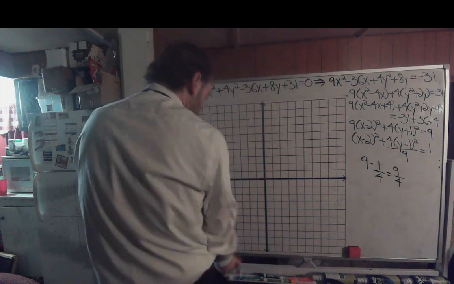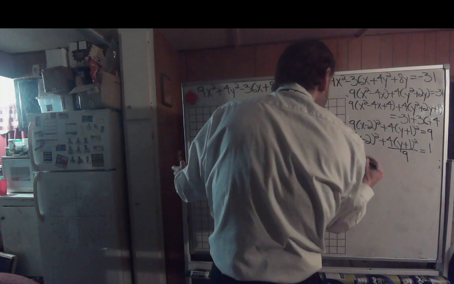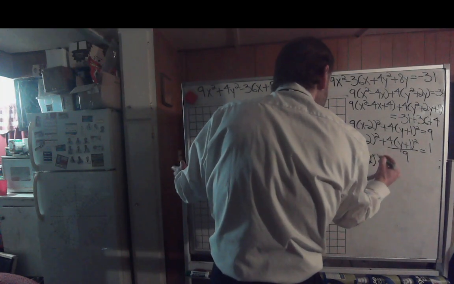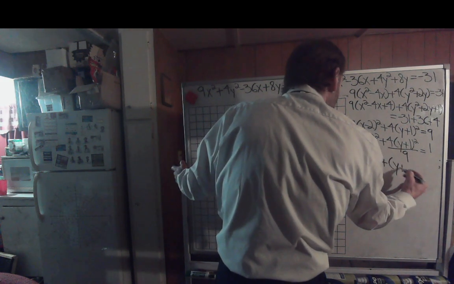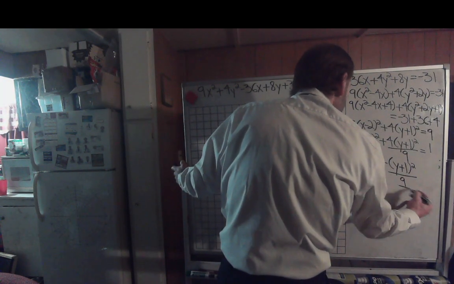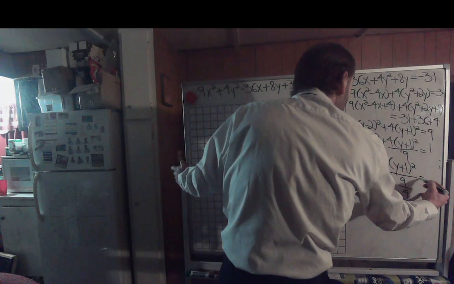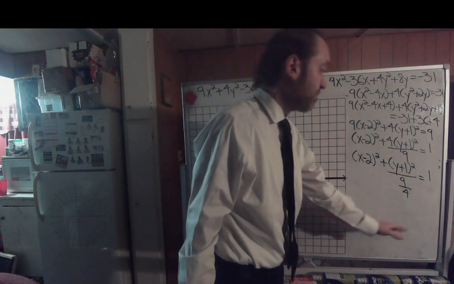So really, this is going to turn into (x minus 2) squared plus (y plus 1) squared all over 9/4 would equal 1. So I've just divided both numerator and denominator by 4.